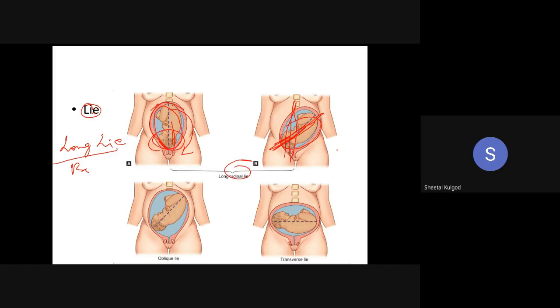Here in the figure it is not very clear, but this is an oblique lie. And when the longitudinal axis of the fetus is transverse to the longitudinal axis of the mother, or the maternal spine, then it is the transverse lie. So got it? What do you mean by lie? There shouldn't be any confusion between these terminologies now. Okay.